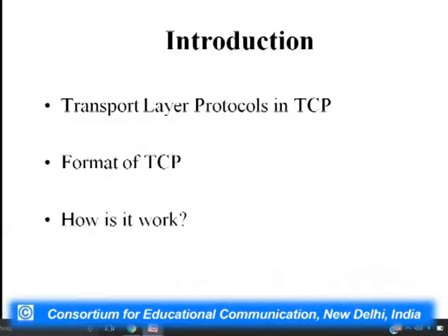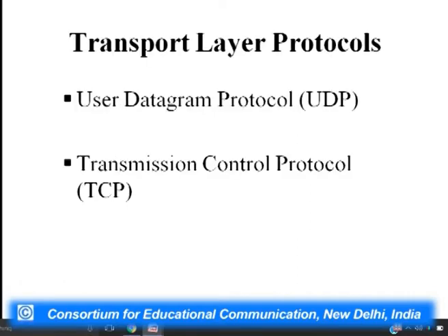We will talk about the transport layer protocols in TCP/IP, then the format of the TCP protocol, and then how it works. Our discussion will be around all three subtopics. Now the transport layer in the TCP/IP model uses two protocols. One is called User Datagram Protocol, the other is called Transmission Control Protocol, TCP.